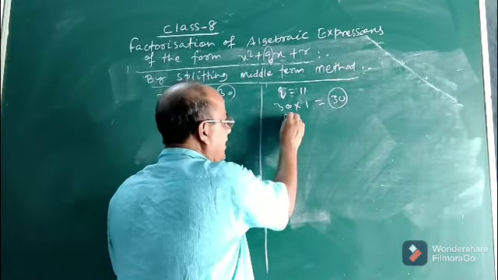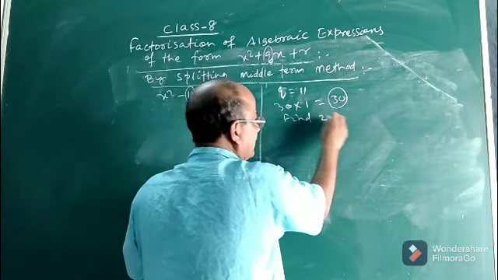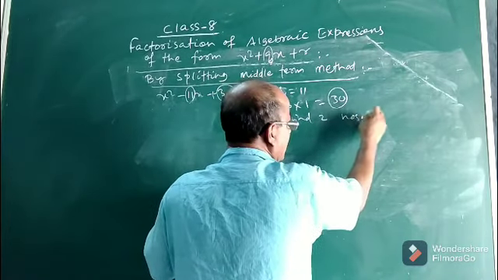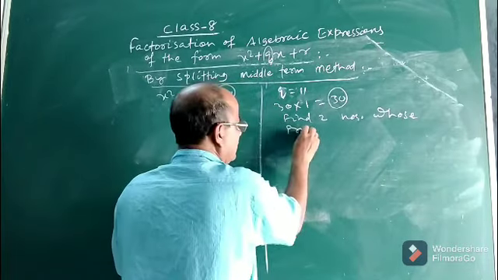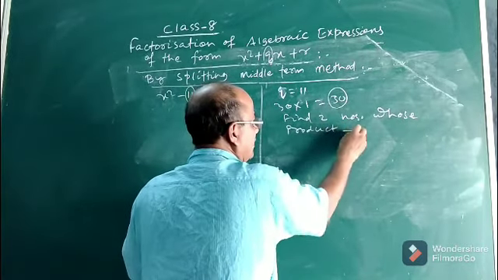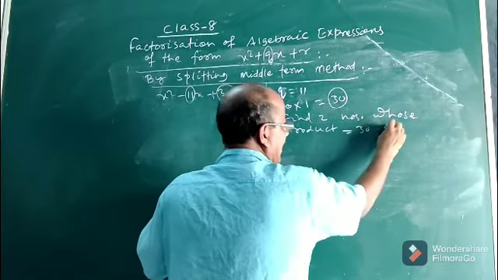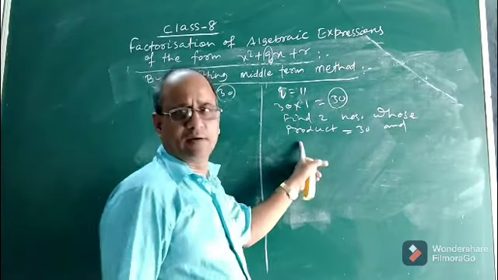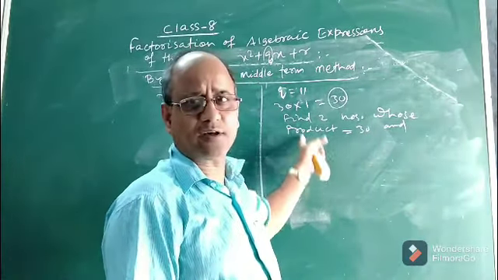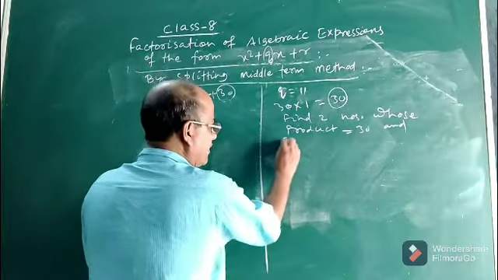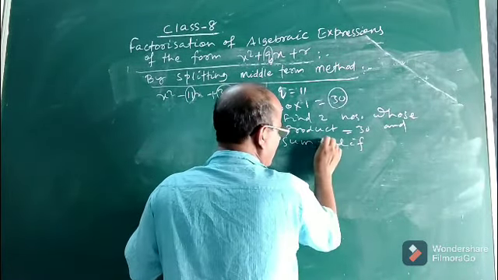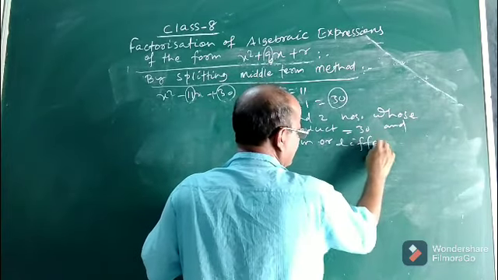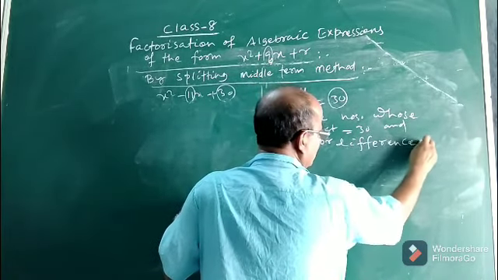That means find two numbers whose product will be equal to 30, and if you add the two numbers or take the difference, the sum or difference will be equal to the middle term.